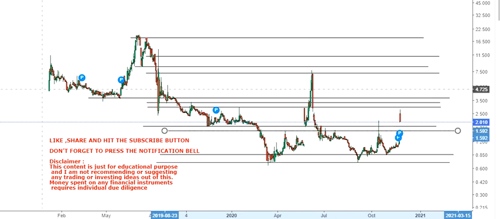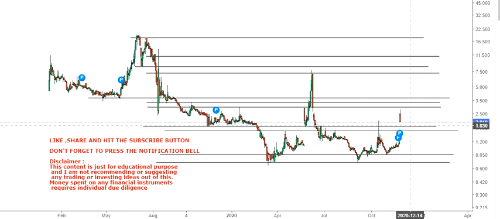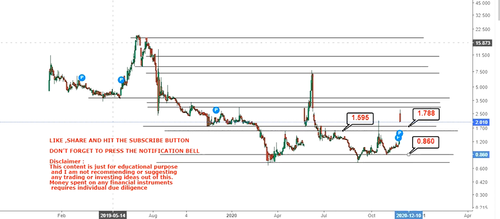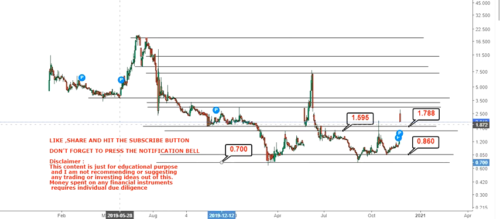Now understand the gap up and the current movement. With this gap up, the stock went up to 2.7 and it is now trading near $2. For an uptrend to happen afterwards, the stock must sustain above or in between 1.59 and 1.78. If the stock falls below 1.59, the next support will come at 0.86 and 0.7.